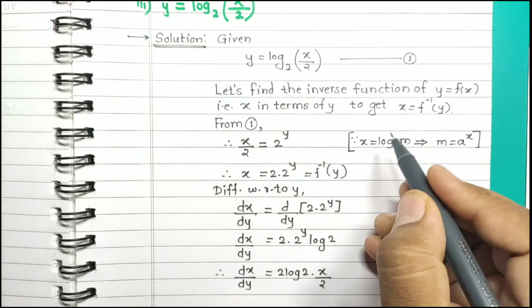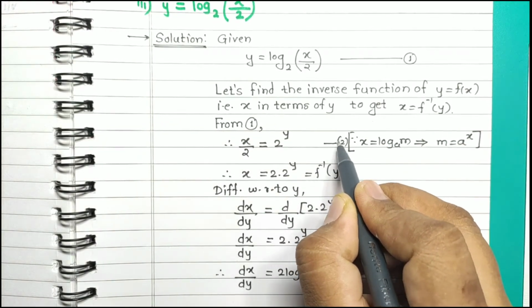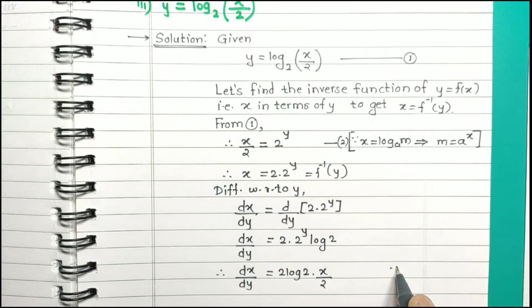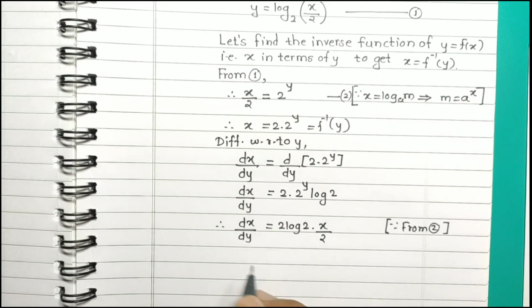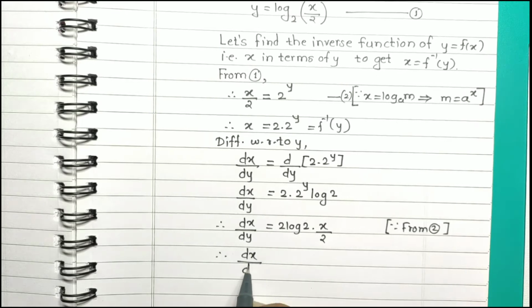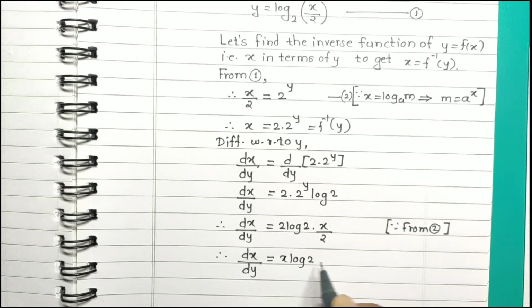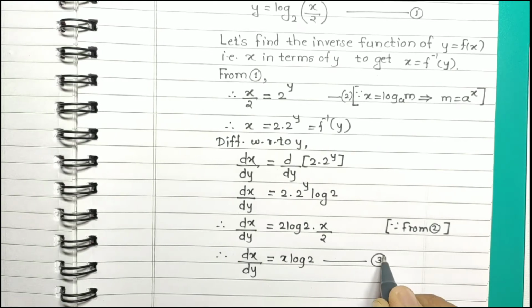Call it equation number 2. From equation 2, this 2 gets cancelled, and finally we have dx by dy in terms of x: it is x into log 2. Call it equation number 3.